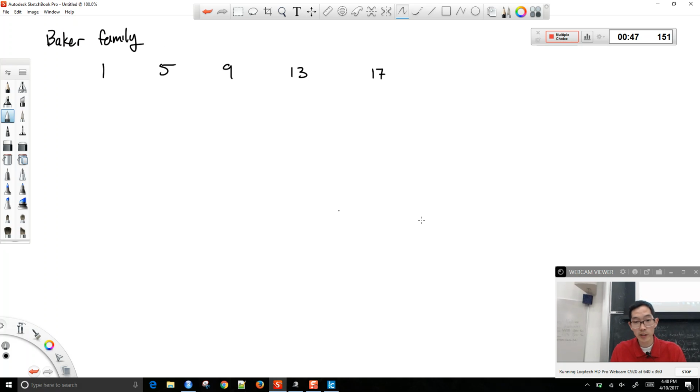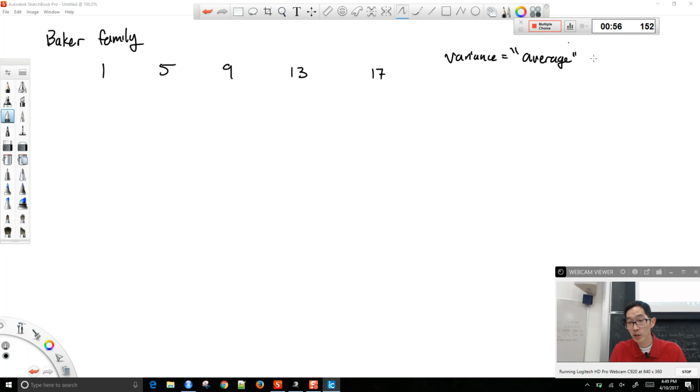We said the variance can be defined as the average squared distance from the mean. So these are the ages of the kids, and step 1 is to find the mean.